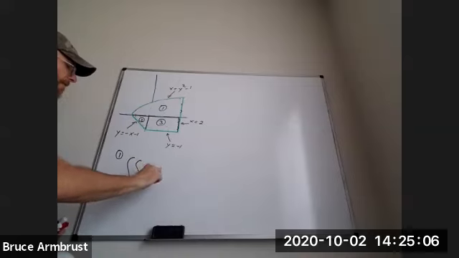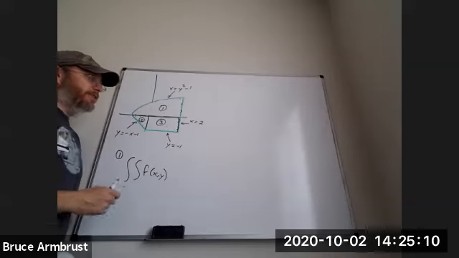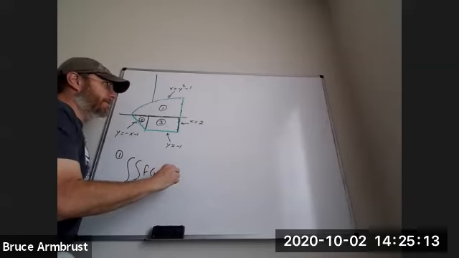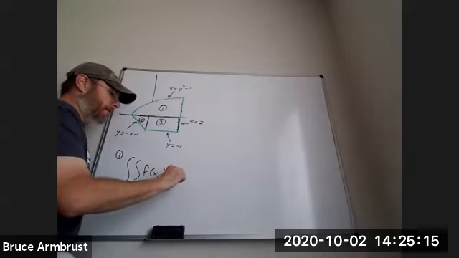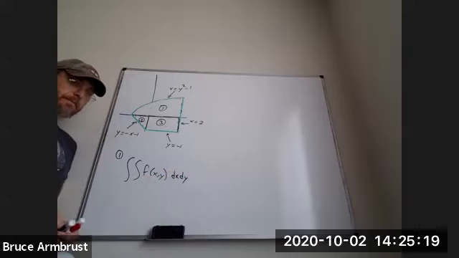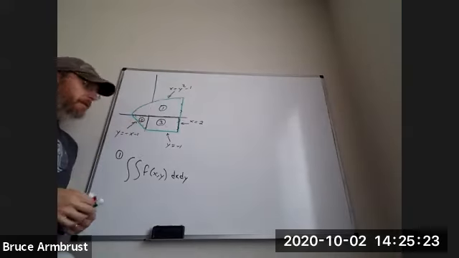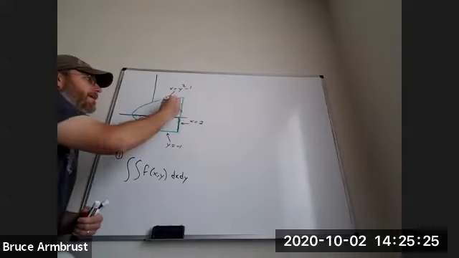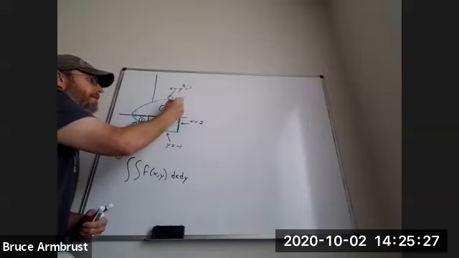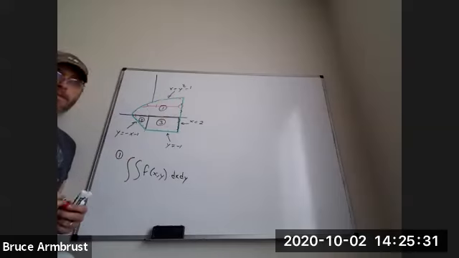We're integrating whatever our function is. Don't really care. And I'm actually going to do this one sideways. So I'm going to do dx dy. So in that region, if he's sideways, his head is always up here at x equals 2, and his feet are always on this parabola.